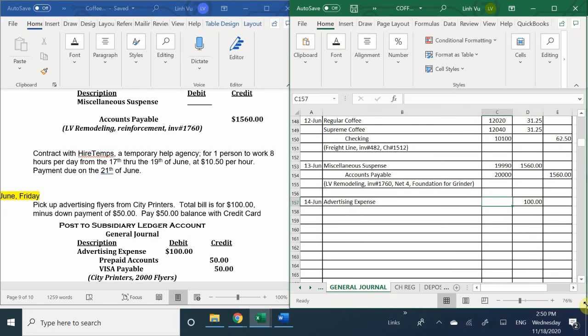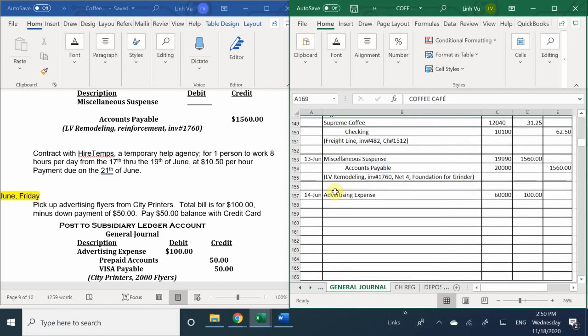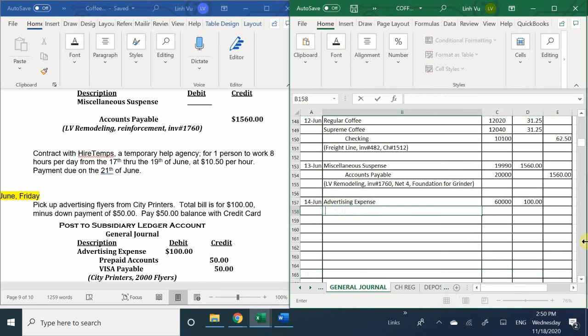And my account number for advertising expense is 60,000. Of course, because we are now redeeming our voucher, we need to credit our prepaid account. And how are we paying with this? The Visa credit card, so Visa payable.